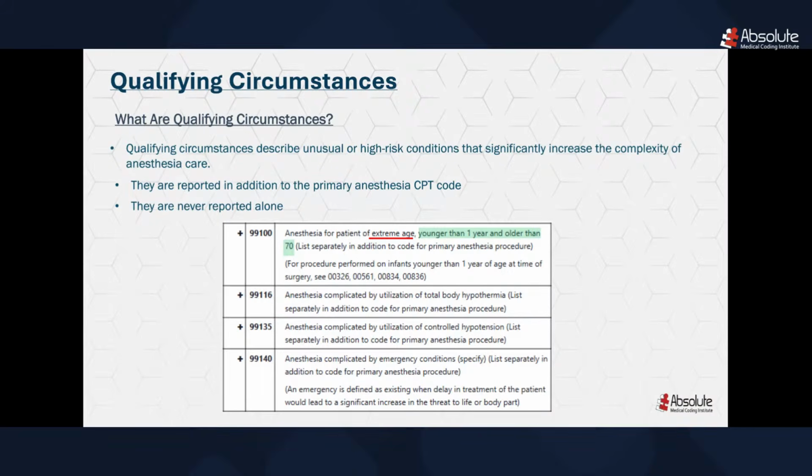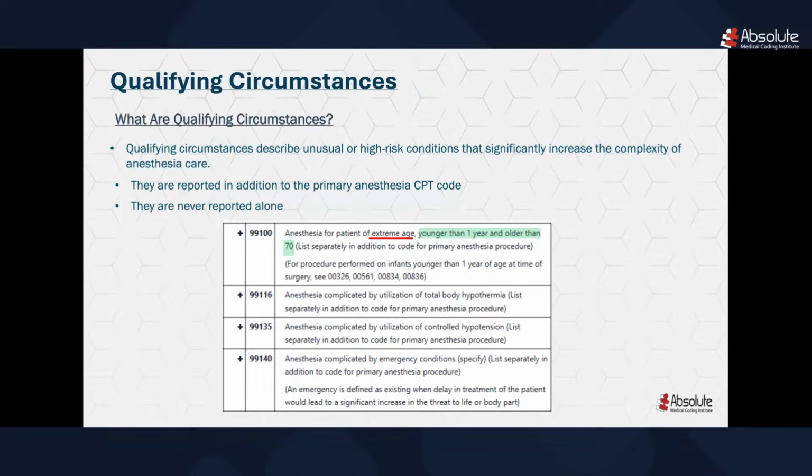Next is 99116. We use 99116 when the anesthesia is complicated by the use of total body hypothermia. This technique is used in some cardiac or neurosurgery to protect the organs. And again, this also increases the complexity.